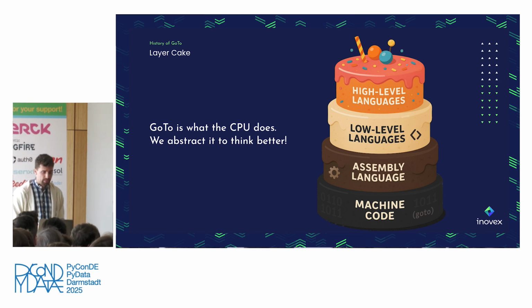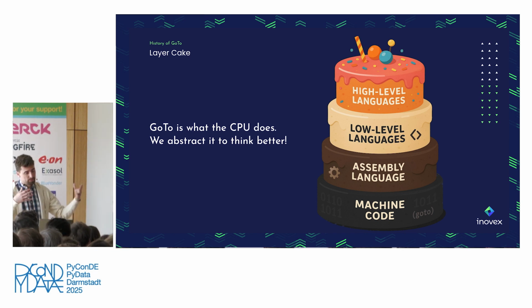And if you now ask the question, why did we actually start with GoTo? I mean, who came up with the idea of GoTo? That's what the machine actually does. So in the end, all loops and if statements are just a lot of GoTo statements in your CPU. Assembly language is just giving names to some binary codes.